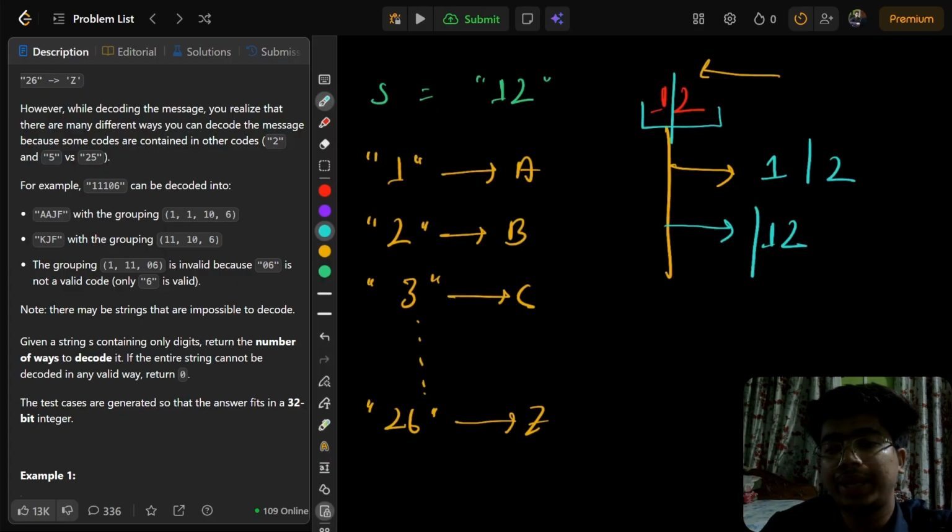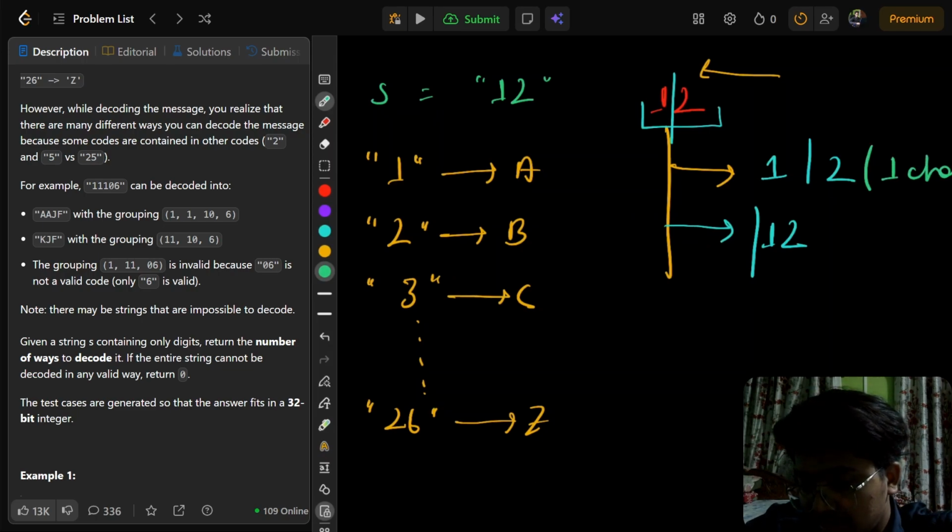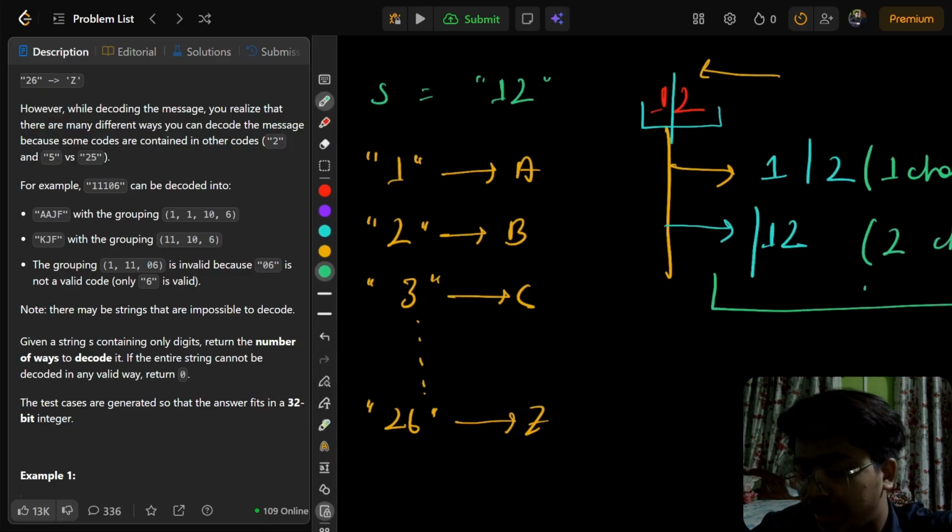So notice how many ways we can decode: that is 2 ways, one character at a time and two characters at a time. So the total number of ways by which we are decoding here is 2.